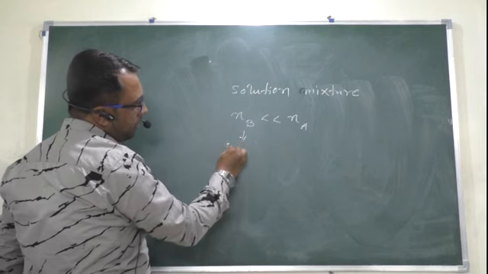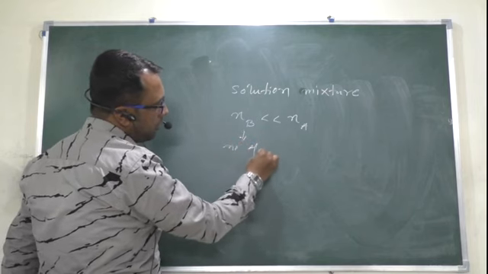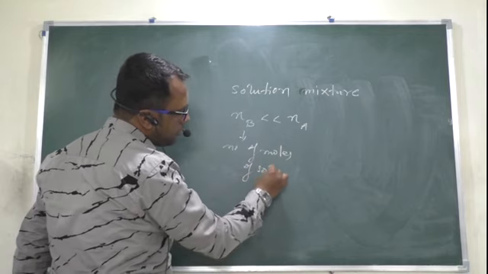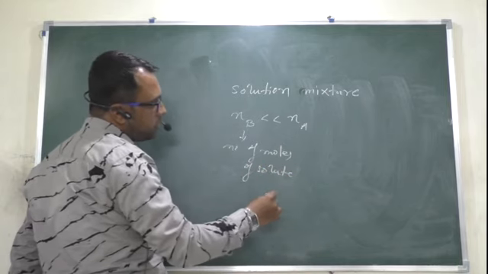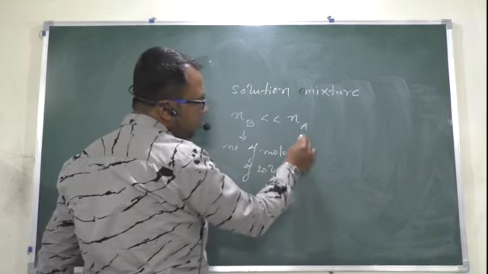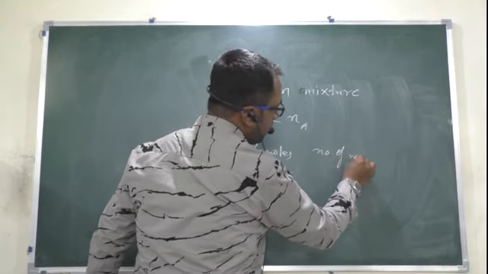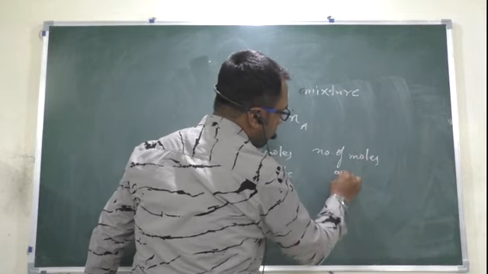This NB is the number of moles of solute, which is quite less for a given solution in comparison to NA. NA is the number of moles of solvent.